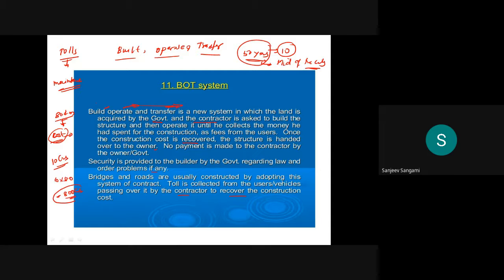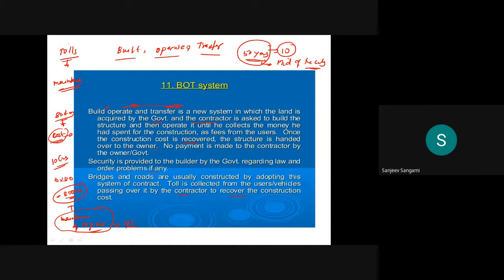Till this 800 crores plus maintenance of around 10 years, the agreements will be there. For example, maintenance of 1 kilometer of road per year, you can assume is around 10 lakhs. Over 10 years, that is 1 crore per kilometer. That much will be added and it will be recovered in this system.